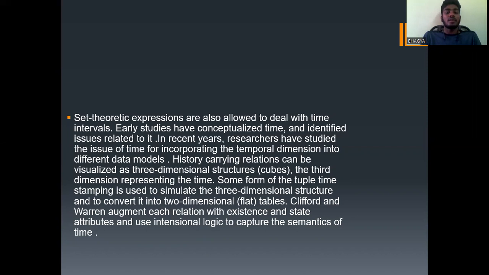Some form of tuple time stamping is used to simulate the three-dimensional structure and to convert it into two-dimensional flat tables. Clifford and Warren augment each relation with existence and state attributes and use intensional logic to capture the semantics of time.